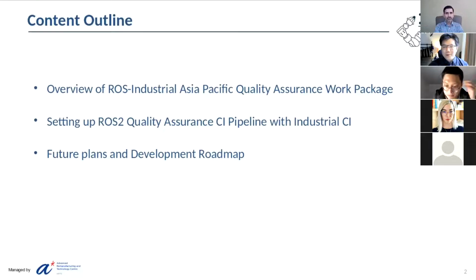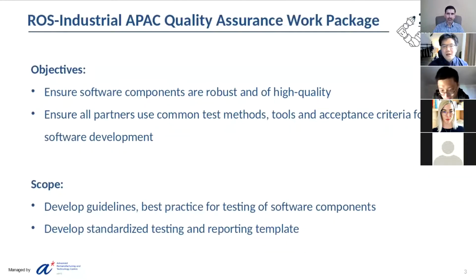So first, I'll give a quick introduction on some of the ongoing work regarding quality assurance here in ROS-Industrial Asia Pacific. The aim of our quality assurance work package is to ensure the quality of the software packages that we and our partners develop here in Asia Pacific. In this work package, we're collecting best practices and providing information about useful tools and their configurations.